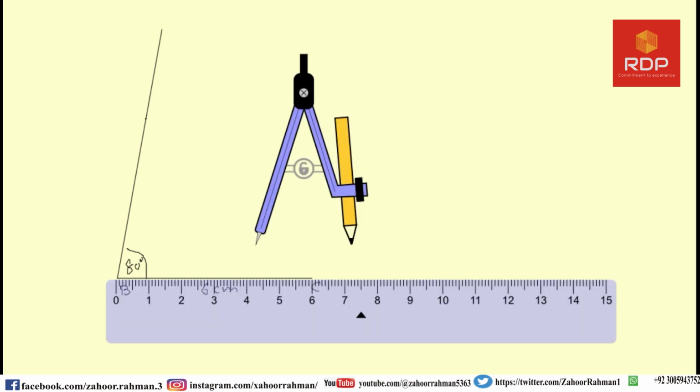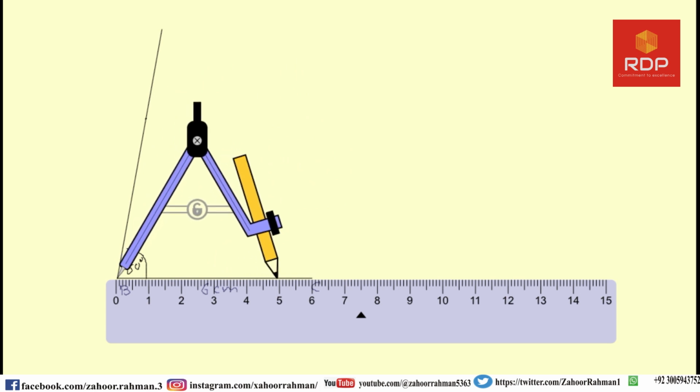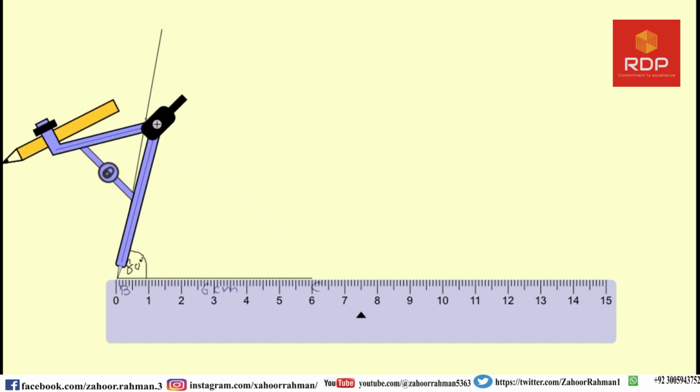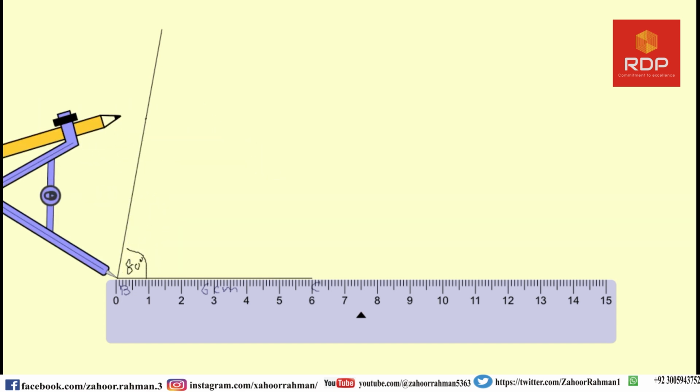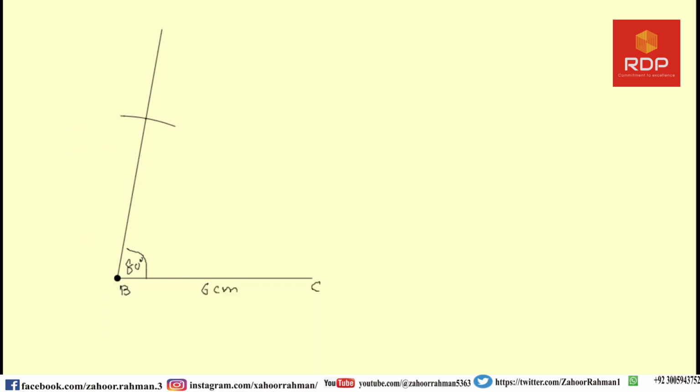First I am bringing it here, and then I am opening it 5 centimeter long, because they gave us 10 centimeter. So my scale is 5 centimeter, and I am drawing an arc of 5 centimeter here. So I am writing here 5 centimeter.